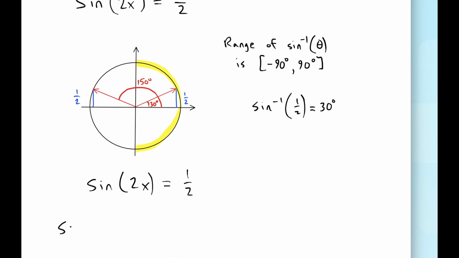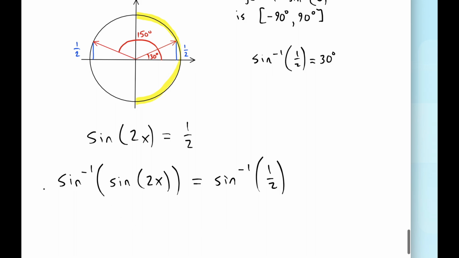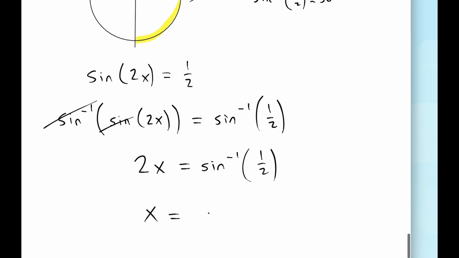I would take a sine inverse of both sides to solve it. Sine inverse and sine would cancel out, and we'd get that 2x is the arc sine of 1/2, and then x is going to be arc sine of 1/2 over 2.